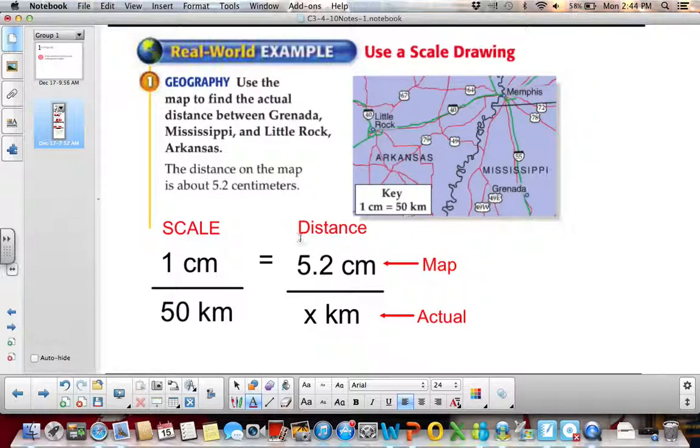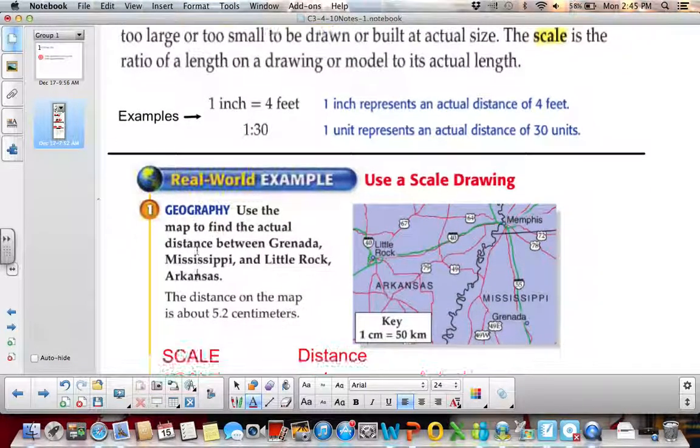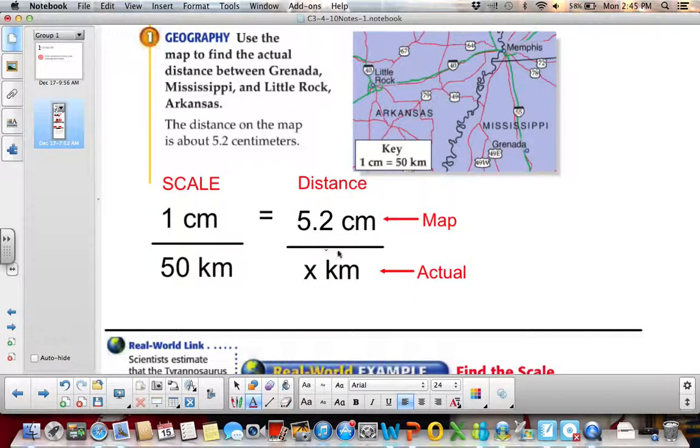The way we set it up as a proportion is we take our key that we're given: 1 centimeter equals 50 kilometers. That's our scale, or scale model. Then the actual distance, and we line it up.